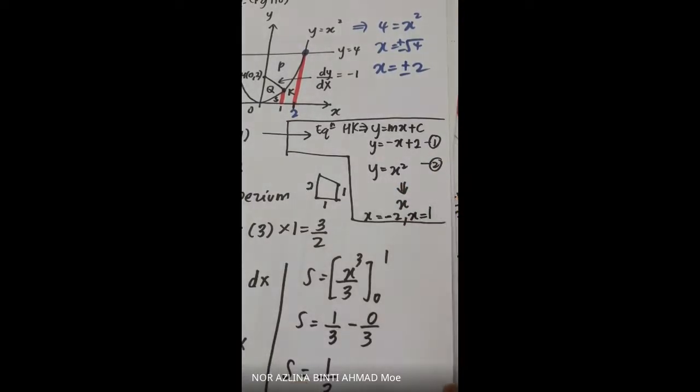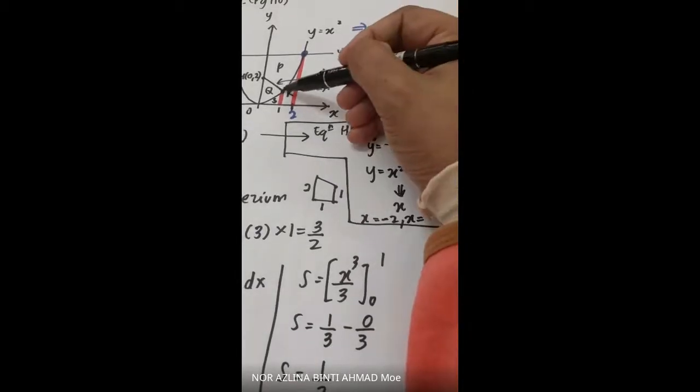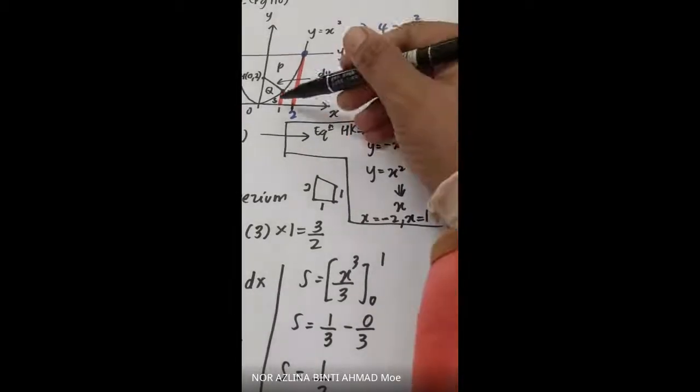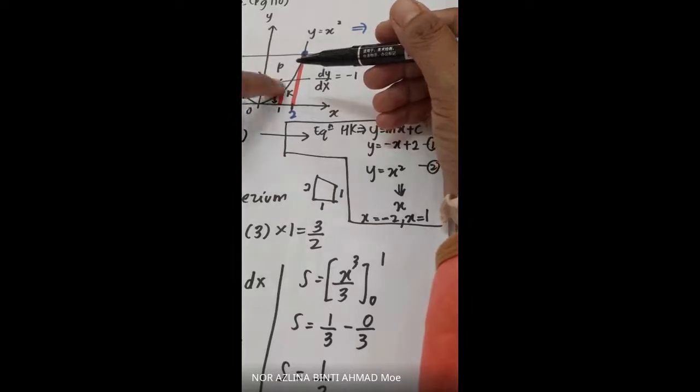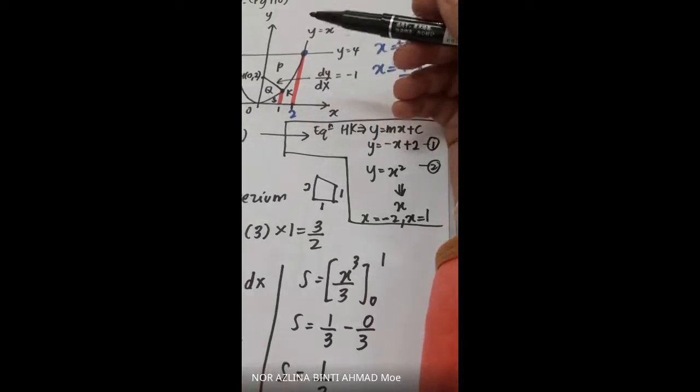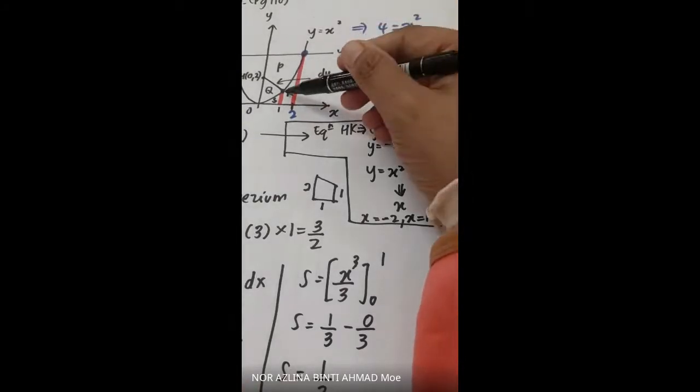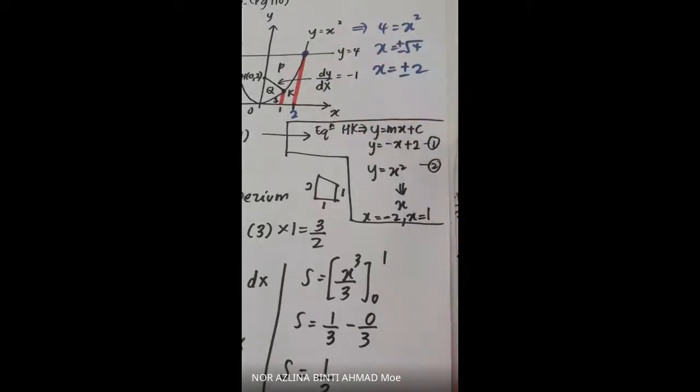Okay, good. So right hand side is 1. When you extend the line, the intersection between this line and curve is -2, but we use only point K, 1 only. Okay, thank you, Zizin.